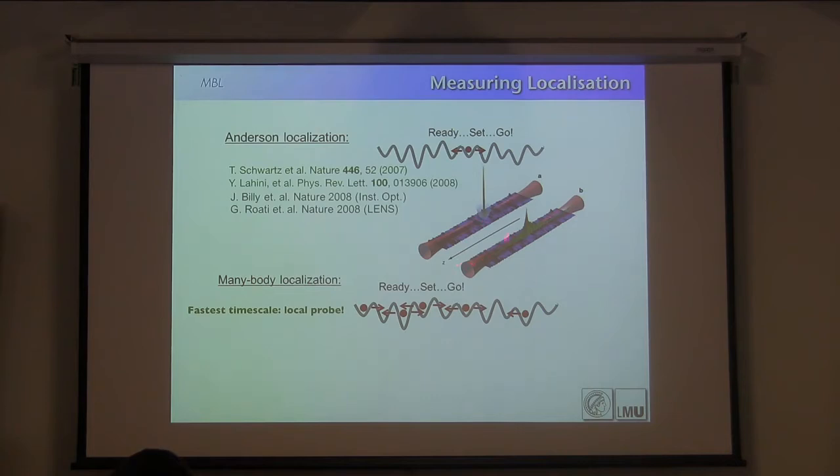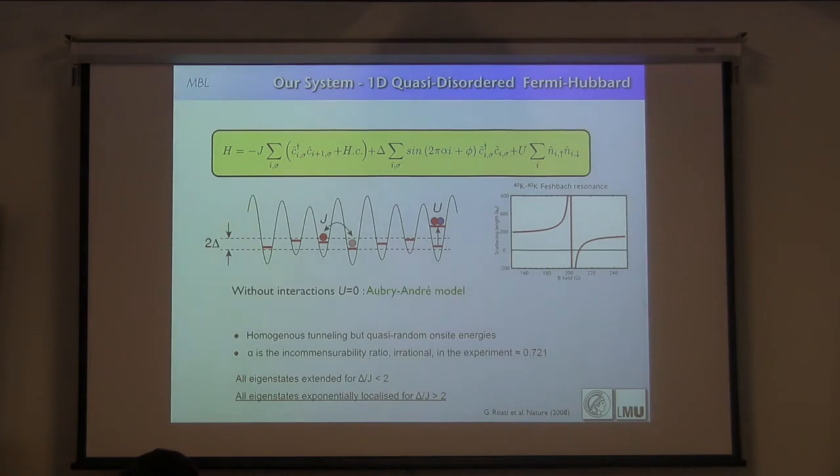So you see the Anderson localized probability distribution, in this beautiful experiment, for example, of Alain Aspect. And we do it in the same spirit. We try to create a non-equilibrium situation and monitor the dynamical evolution of this non-equilibrium state. The disordered system we chose as an initial experiment was the disordered Fermi-Hubbard model.